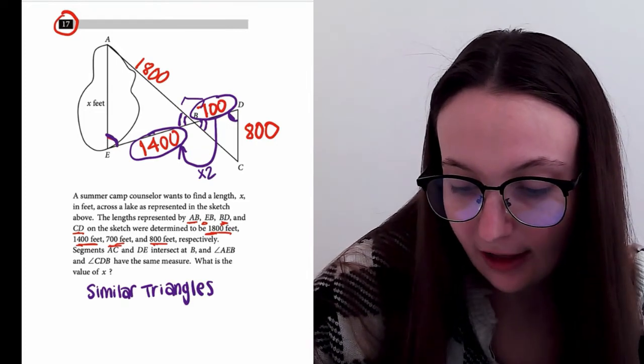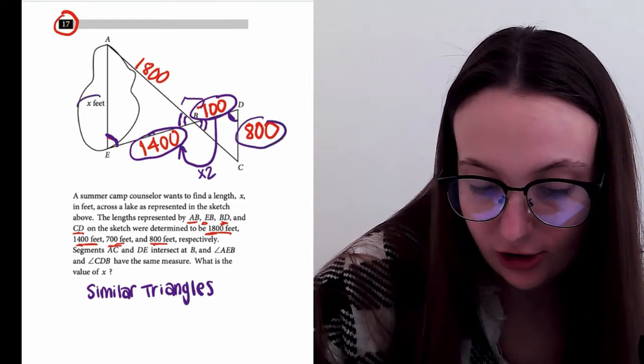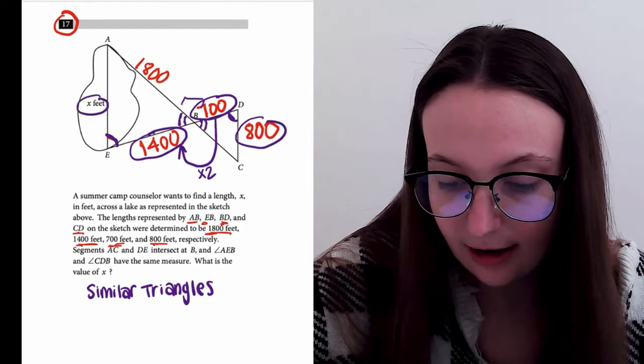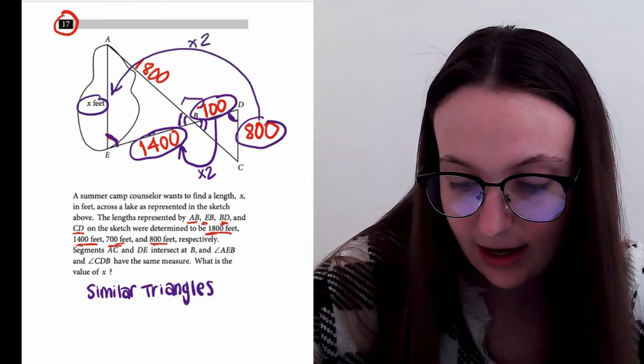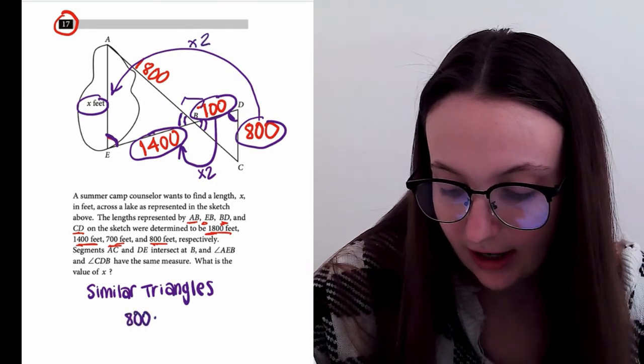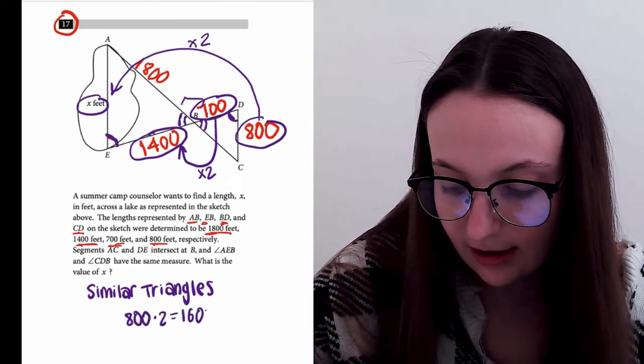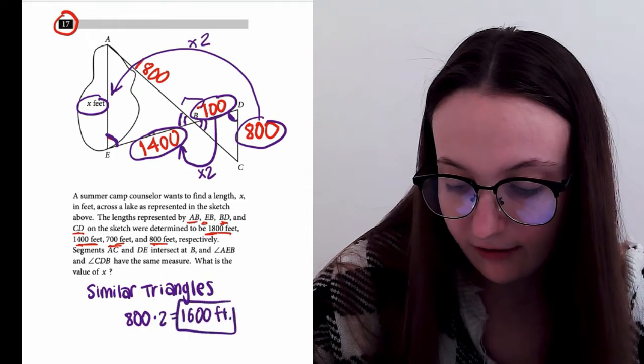So I know then that the 800 is going to match up with X. So if this is 800, we just have to multiply that by 2 to get what X is going to be. So 800 times 2 is going to give us 1600 feet for the value of X.